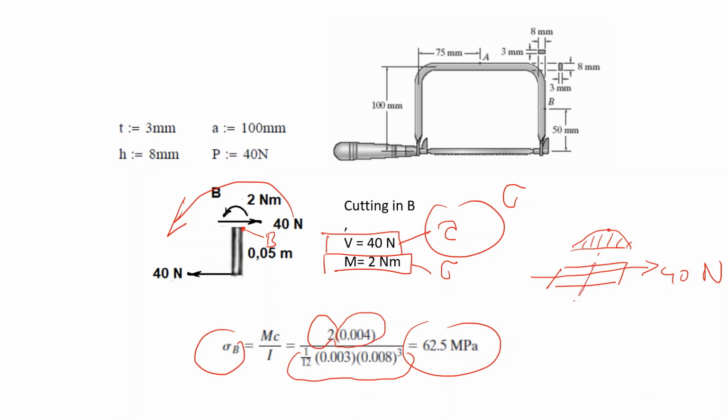In the middle, you have your tau max, and on the surfaces, they are 0. And my point B is over here on the surface. So the tau B must be 0. So your shear force will not create any shear stress.